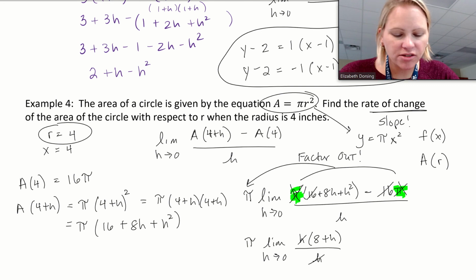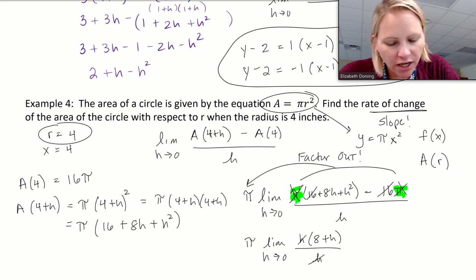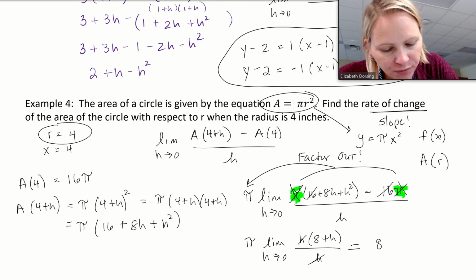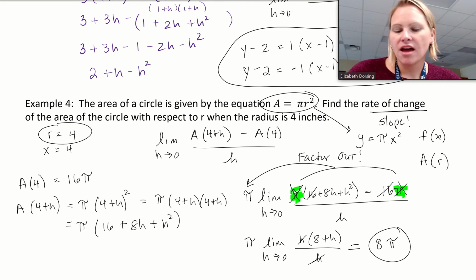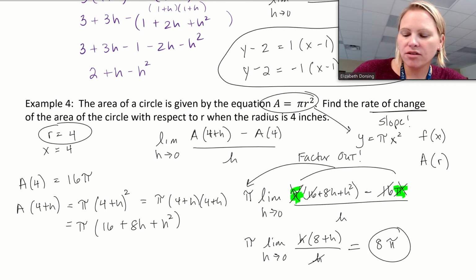These are going to cancel, and when I substitute 0 in for h, I get 8, and then I'm going to bring back the pi. Boom. There it is. That is the rate of change of the area with respect to the radius when the radius is 4 inches.